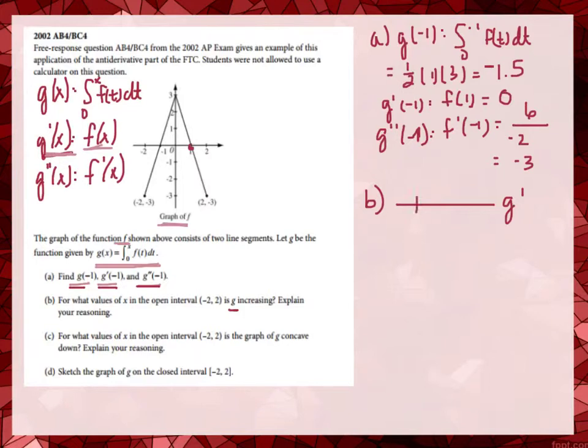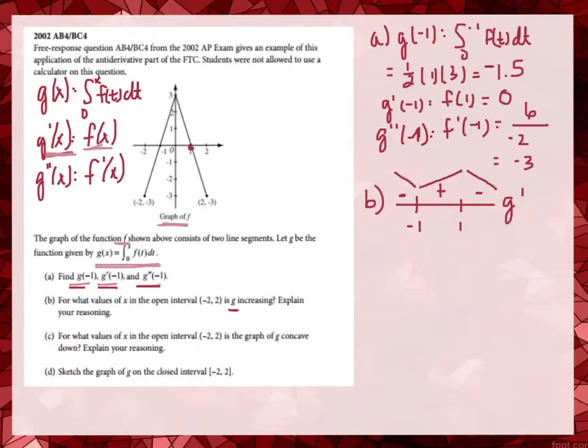My critical points then become where f equals 0, which is -1 and +1. To the left of -1, the derivative, which would be f, is negative because it's below the axis. Between -1 and 1, it's positive. And then from 1 to 2, you're negative again. So your graph is down, then up, then down.